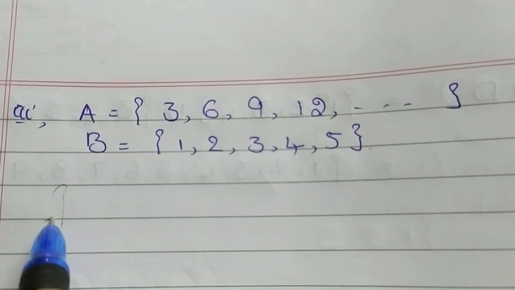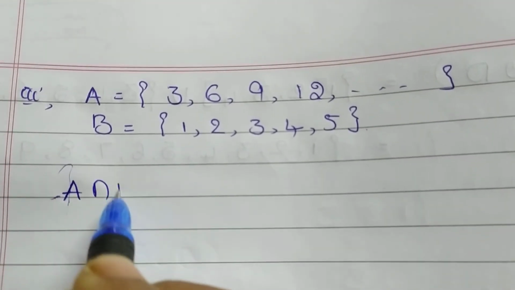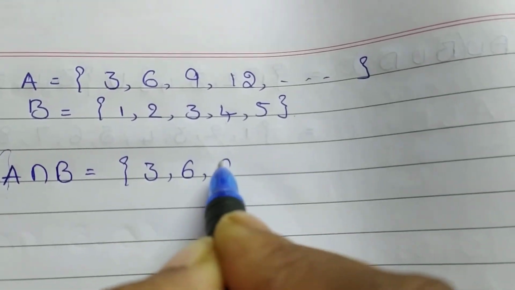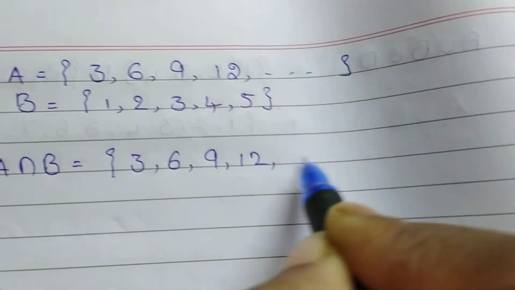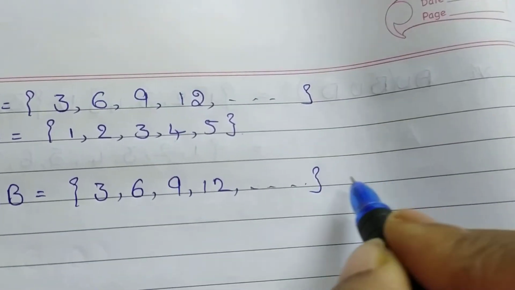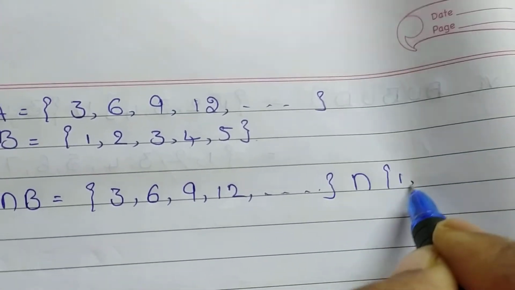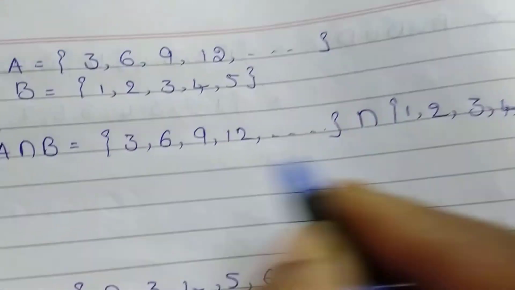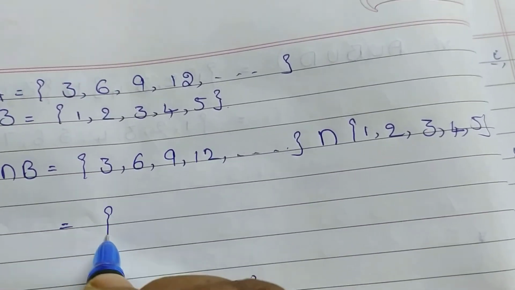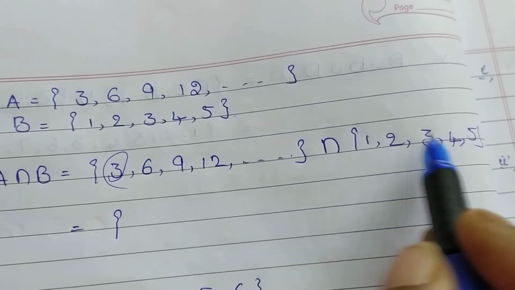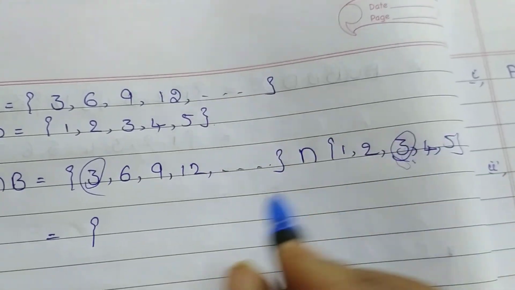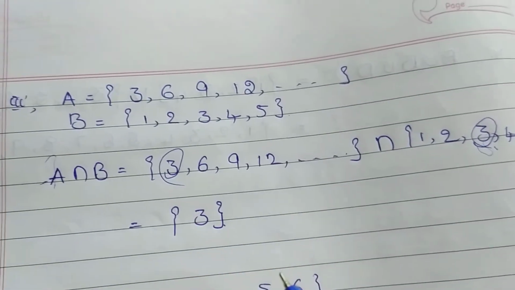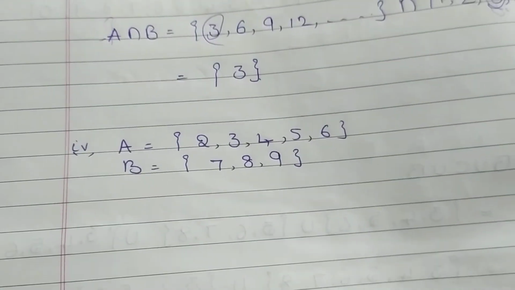So A intersection B will be equal to 3, 6, 9, 12, and so on, intersection 1, 2, 3, 4, 5. So what is common in both we should write. 3, nothing else. So 3 is the common element for both A and B.